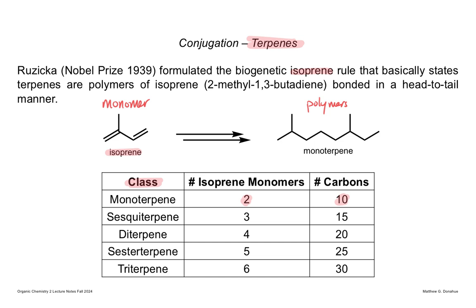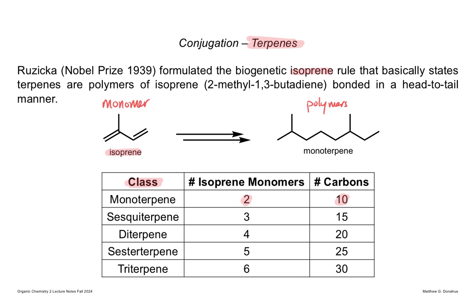Does anyone know what the prefix sesqui means? So it sort of means just like 1.5. So a sesquiterpene is 1.5. So that gets you 3 isoprene units for 15 total carbons.